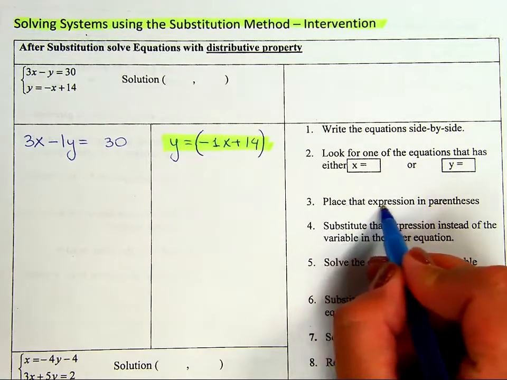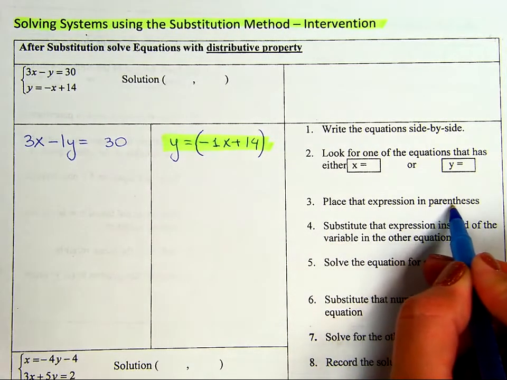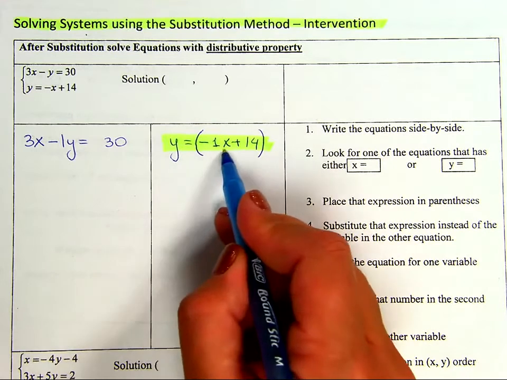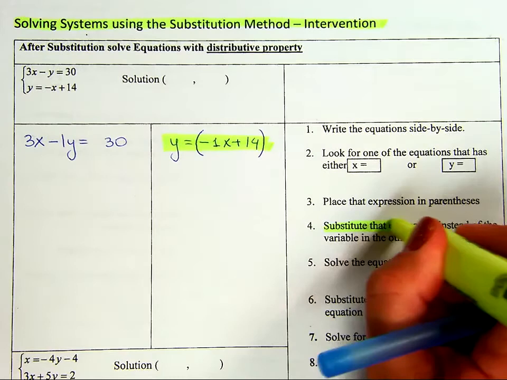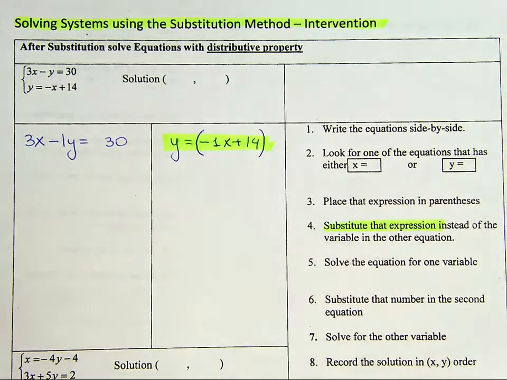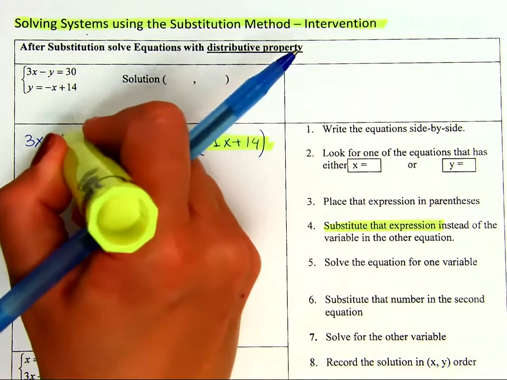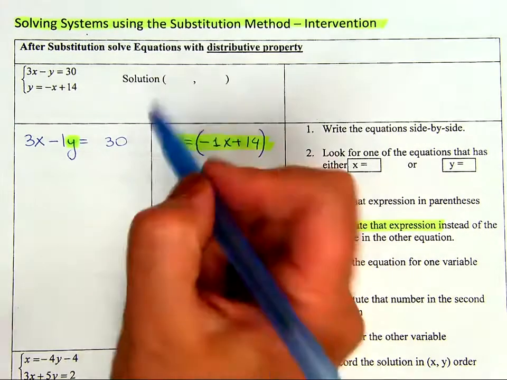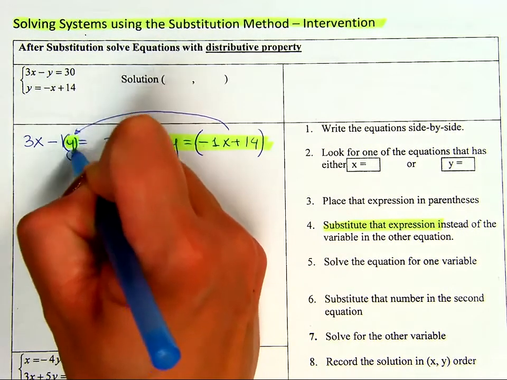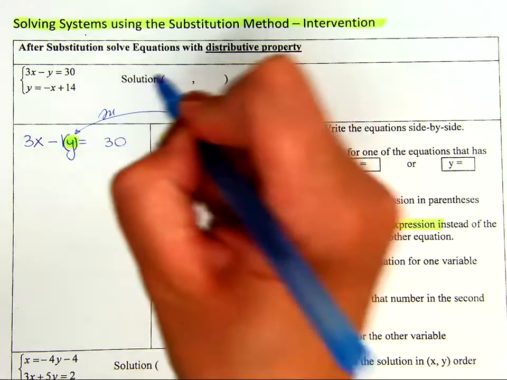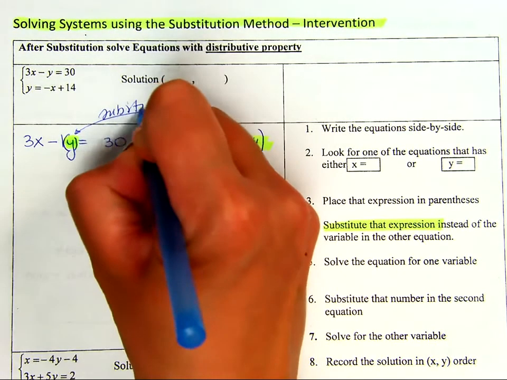We will place that expression in parentheses. So y equals negative 1x plus 14, and substitute it instead of the variable y in the other equation. So this expression is going to come instead of y. That means substitute.